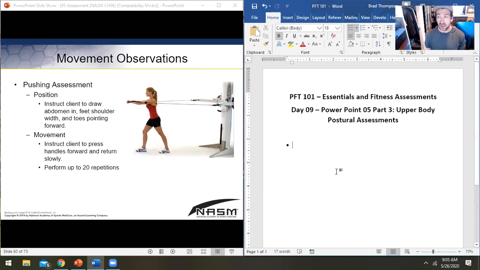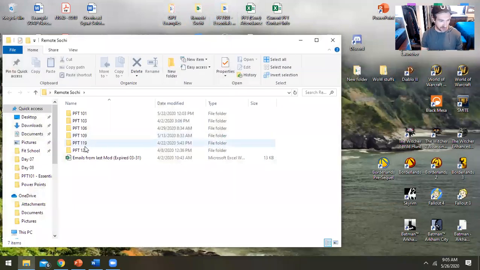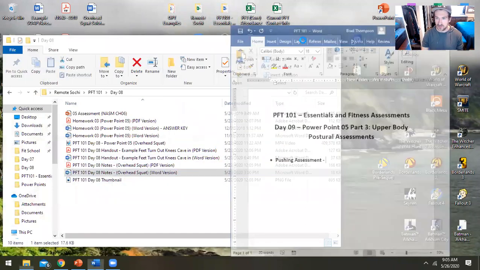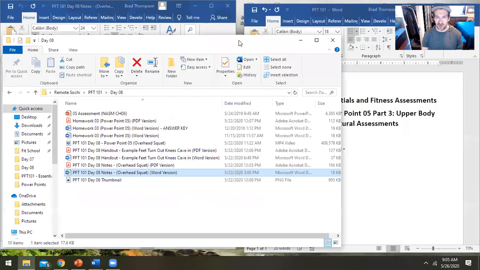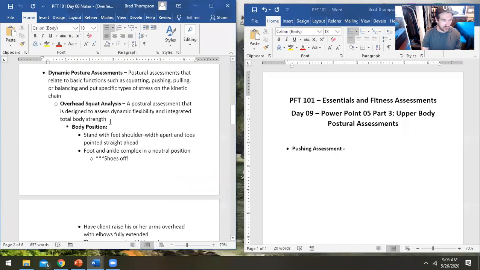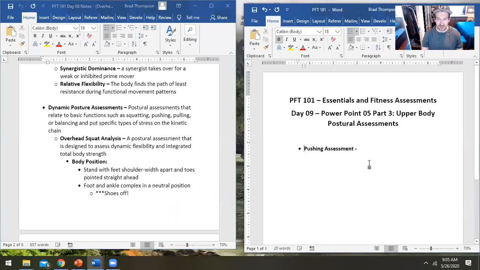Again, we're continuing on with our notes from Friday. We've got the pushing assessment. Actually, hold on one second. I want to make sure these are consistent between our notes. I always like to make sure they look the same in terms of format, so I'm going to open up Friday's notes side by side so I can copy the format. This would be under dynamic posture assessments. Again, this is dynamic.